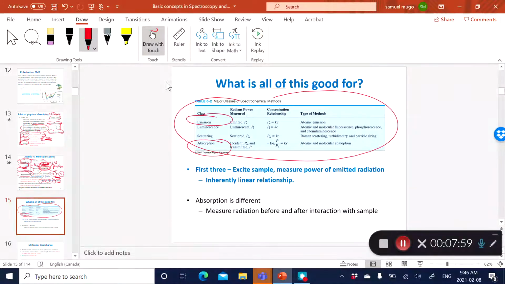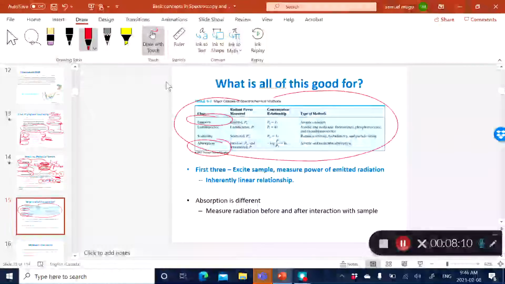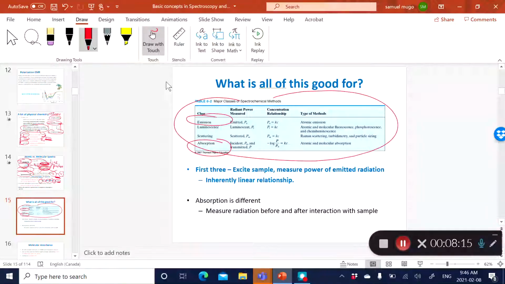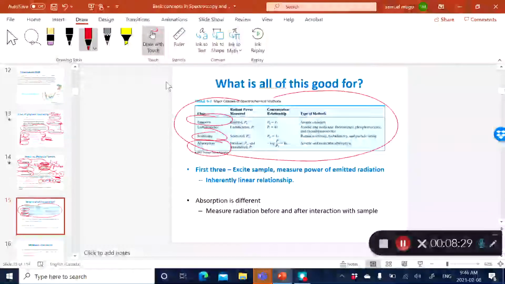And emission of light is the basis of another type of spectroscopy called emission spectroscopy. And of course, there are different types of emission spectroscopies that we're going to mention, like fluorescence, phosphorescence, and luminescence as well, which is also an example of an emission spectroscopy. But also scattering, remember, can happen based on Raman scattering or even turbidimetry and nephelometry as well.